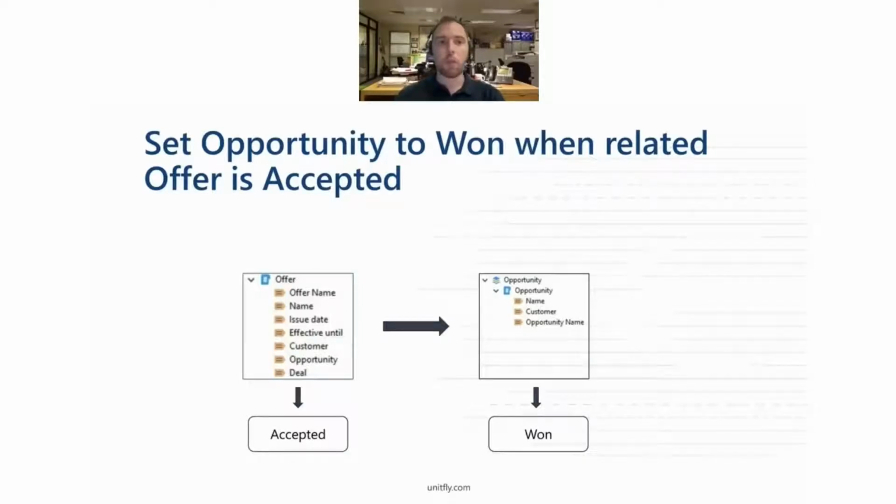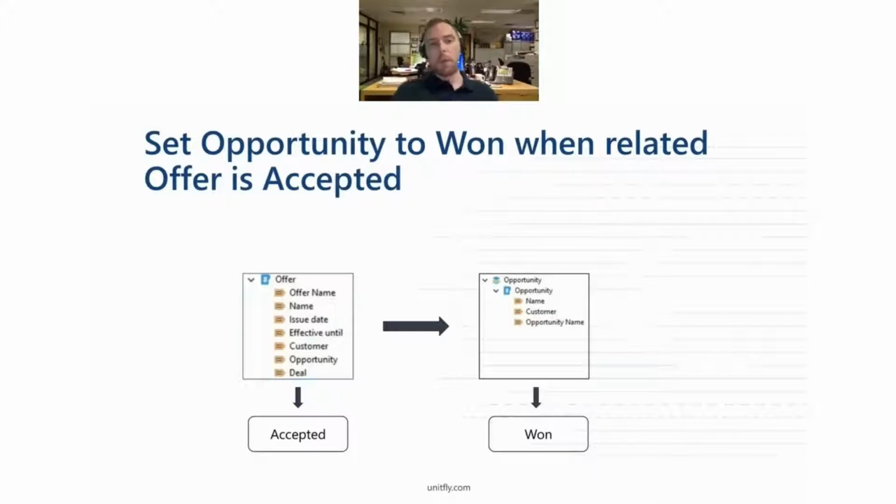The first use case that we will go through uses the property operation. The use case is setting the opportunity to 1 when the related offer is accepted.